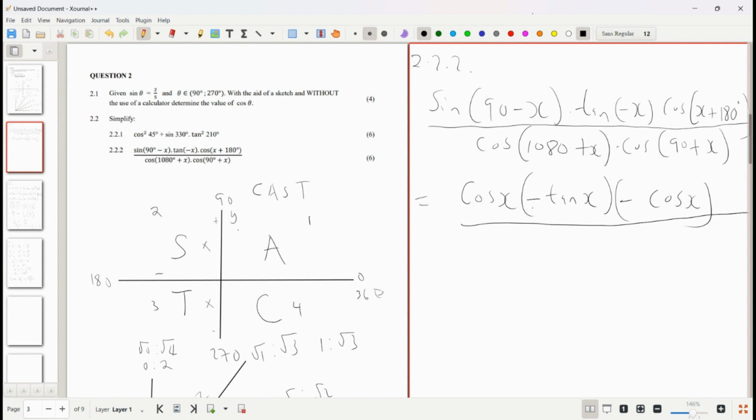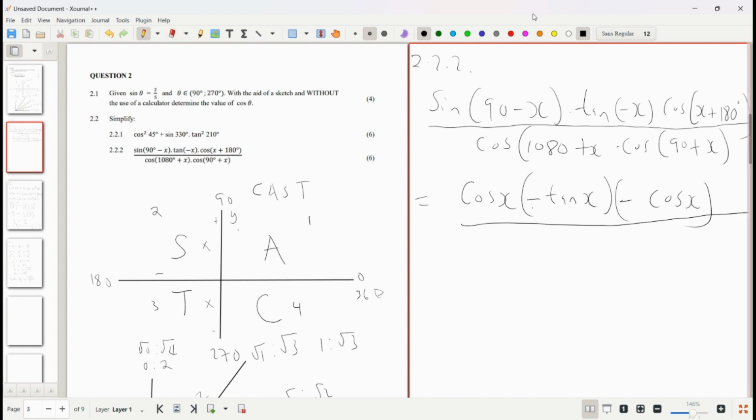If we check 1080, when you minus 360 here, you can confirm with your calculator. When you minus 360 from 1080, you'll get 720. You minus again 360, you get 360. You minus again by 360, you get 0, right? So what does this mean?